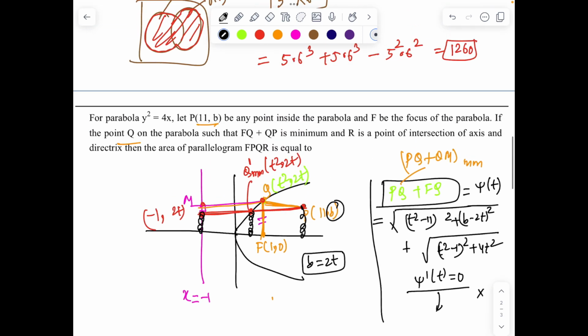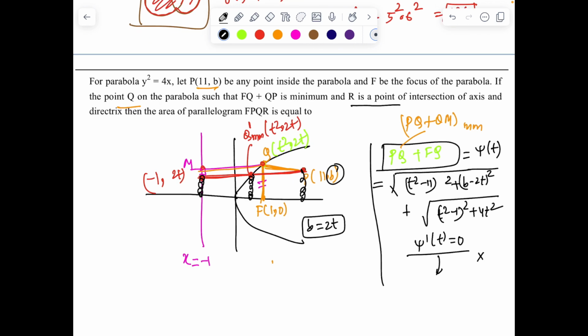Once we got b equals 2t, next we can find the area of the parallelogram they are asking, and R is the point of intersection of the axis and the directrix. So this point is given to be R, and we need to find the area of parallelogram PQRF.